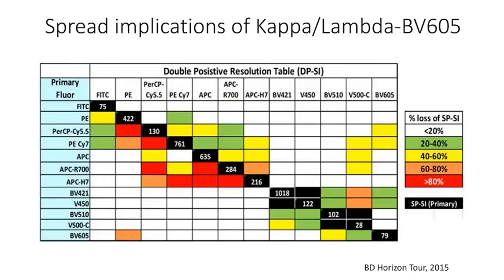In the case of CD22 and PE, it is possible that super bright CD22 positive cells could cause a little bit of spread in our BV605, but nothing in the red zone here that should be a problem with our proposal. Next slide.